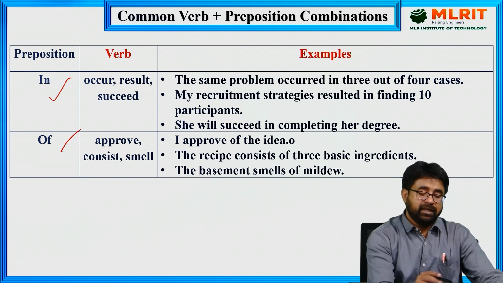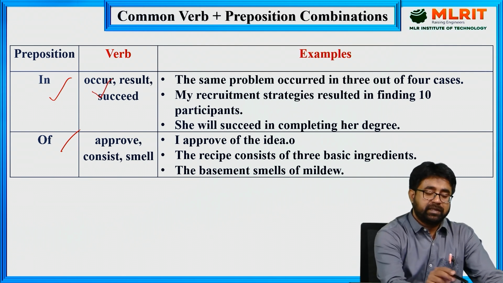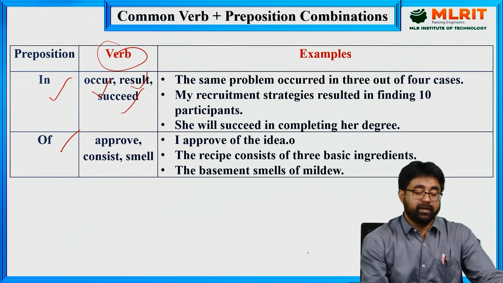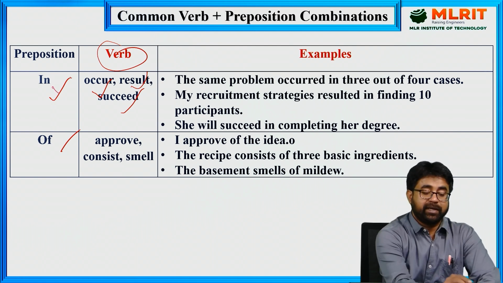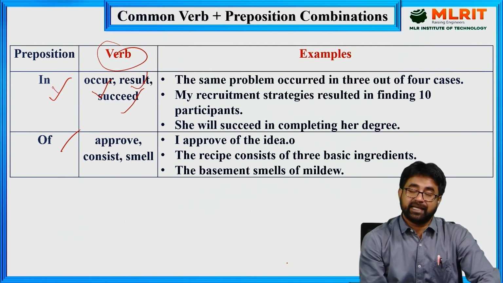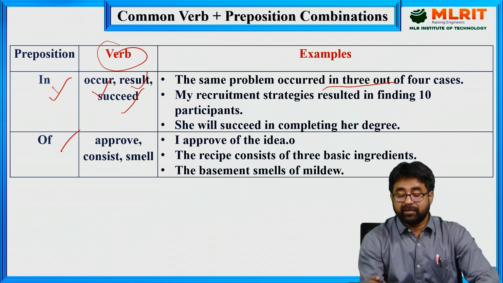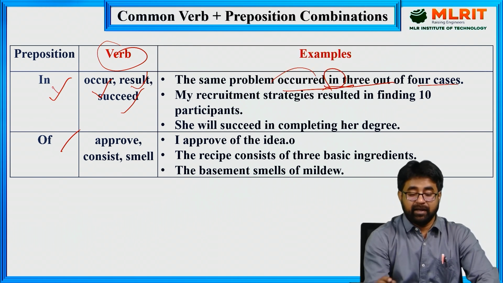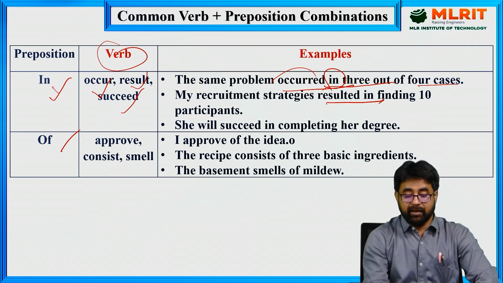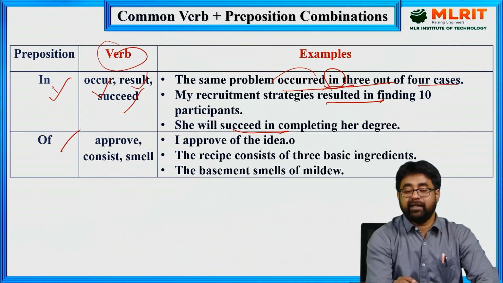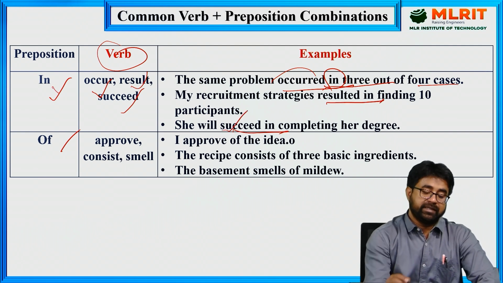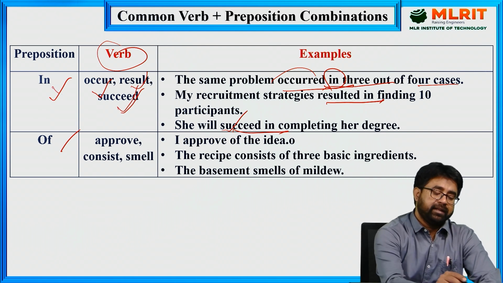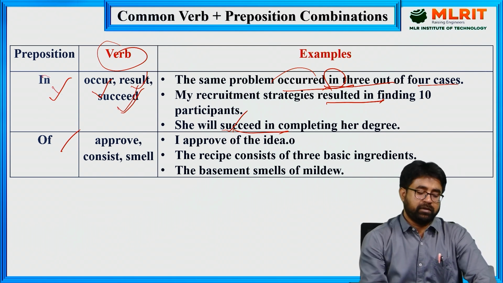Next, in or of. When we are talking about verbs like occur, result, succeed, they take the preposition in. The same problem occurred in 3 out of 4 cases: occurred in, resulted in, succeeded in. In most cases these verbs take this preposition only.